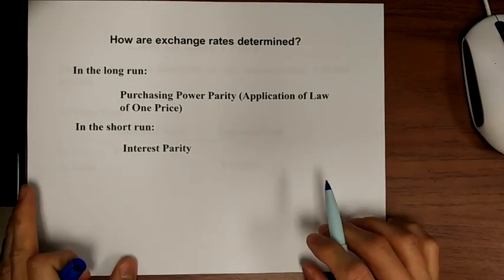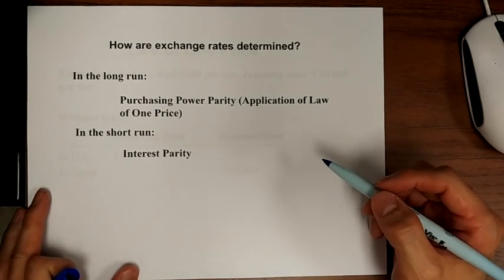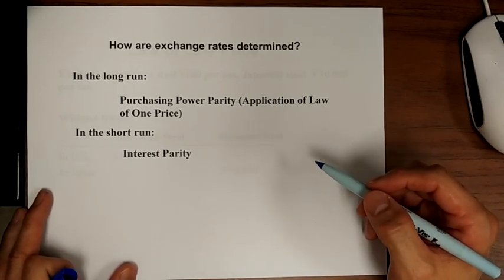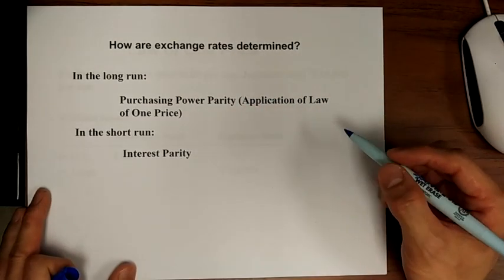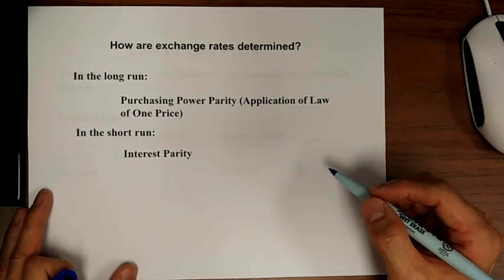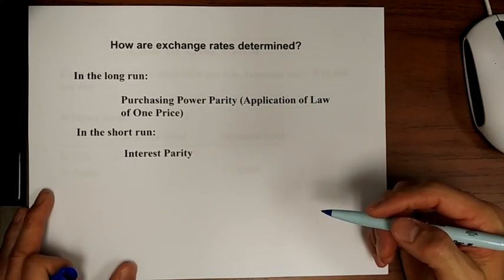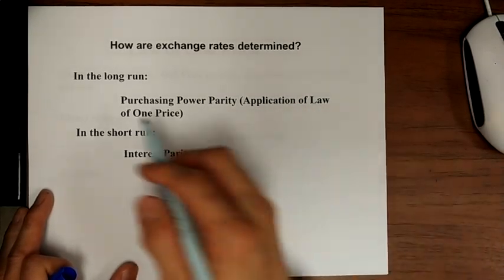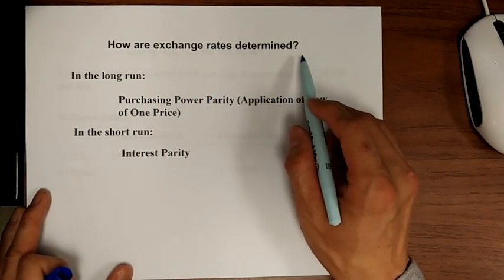With the understanding of the definition of exchange rates, the rest of the chapter is to see how exchange rates are determined in the market. We're going to separate the discussion into two parts. The first part is, in the long run, how exchange rates are determined.